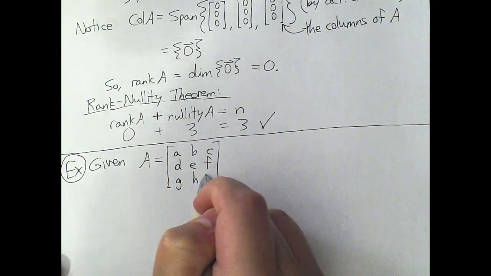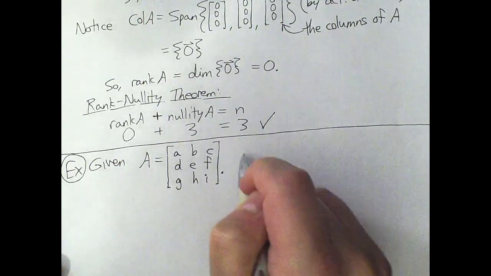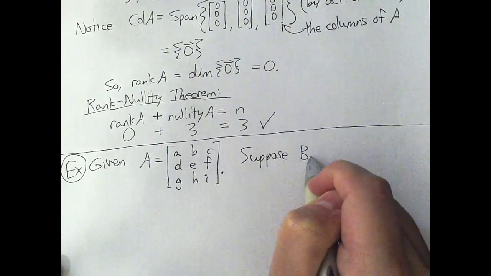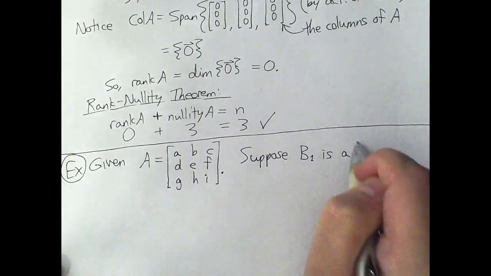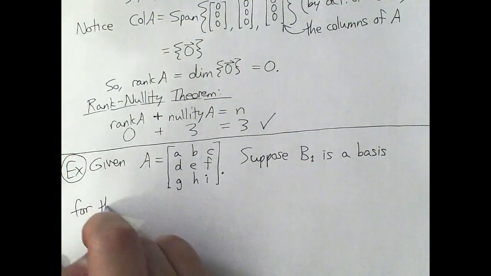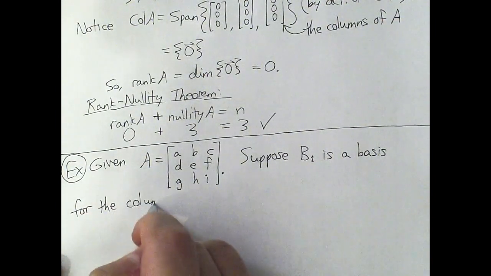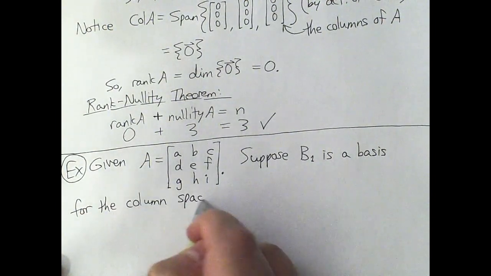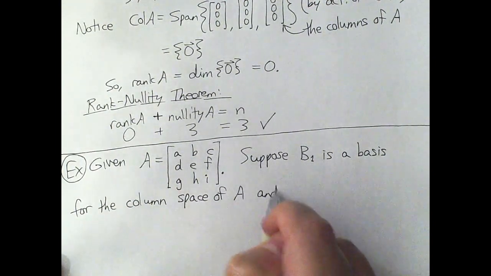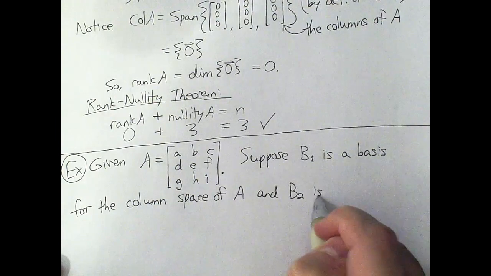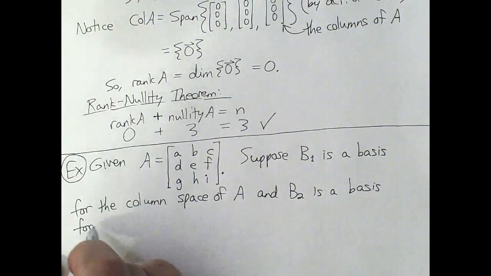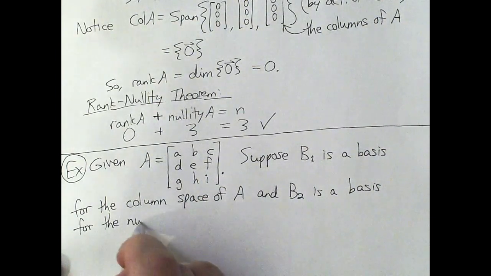They're unknowns to us right now. Suppose B1 is a basis for the column space of A, and B2 is a basis for the null space of A.